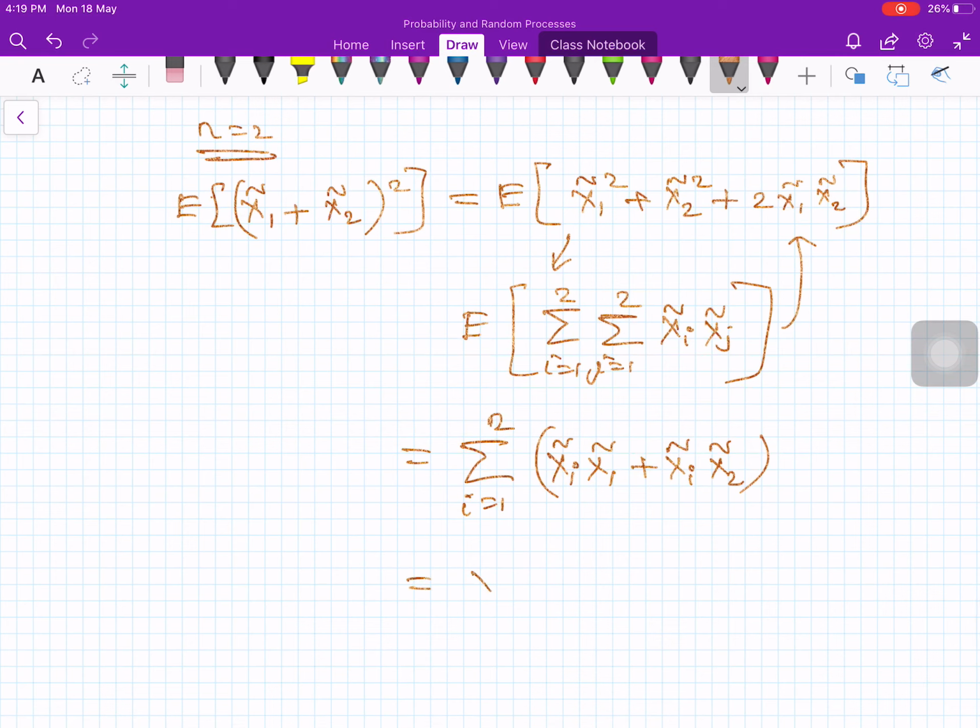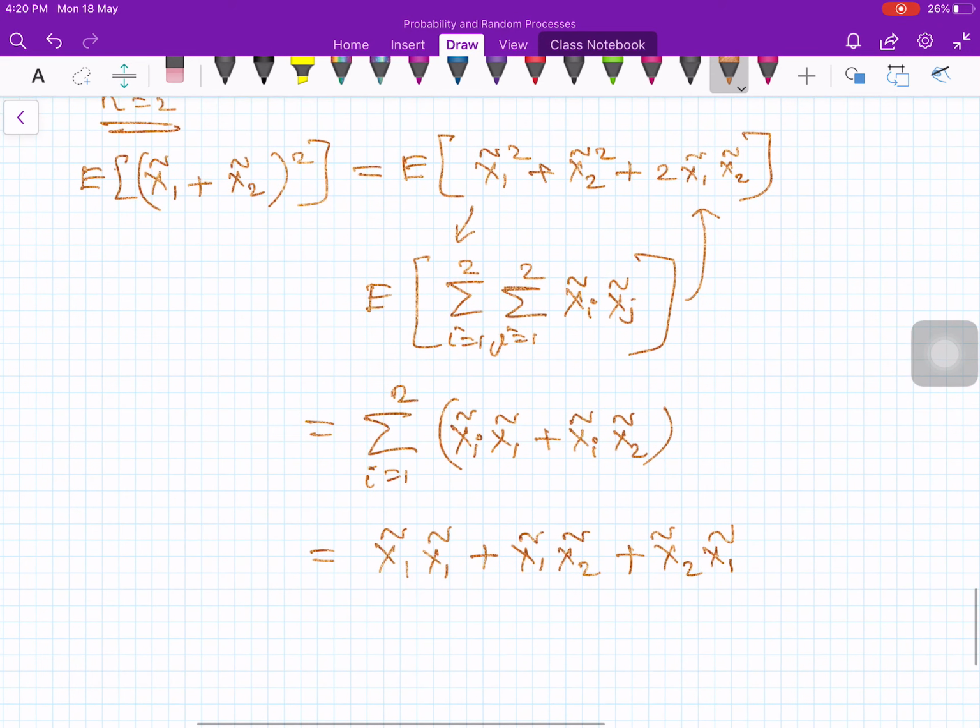So this is going to be x1 tilde x1 tilde plus x1 tilde x2 tilde, plus i equal to 2, so x2 tilde x1 tilde plus x2 tilde x2 tilde.